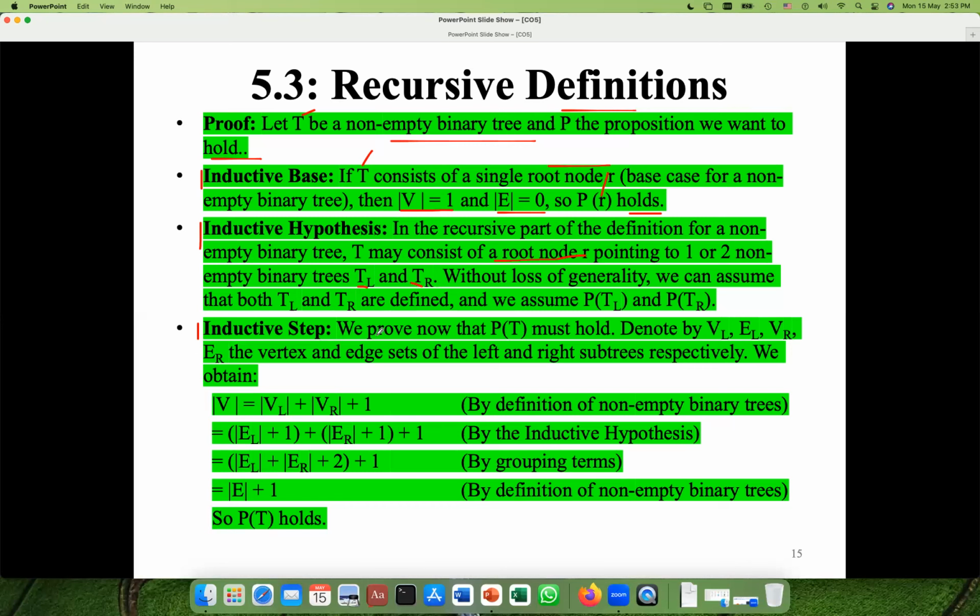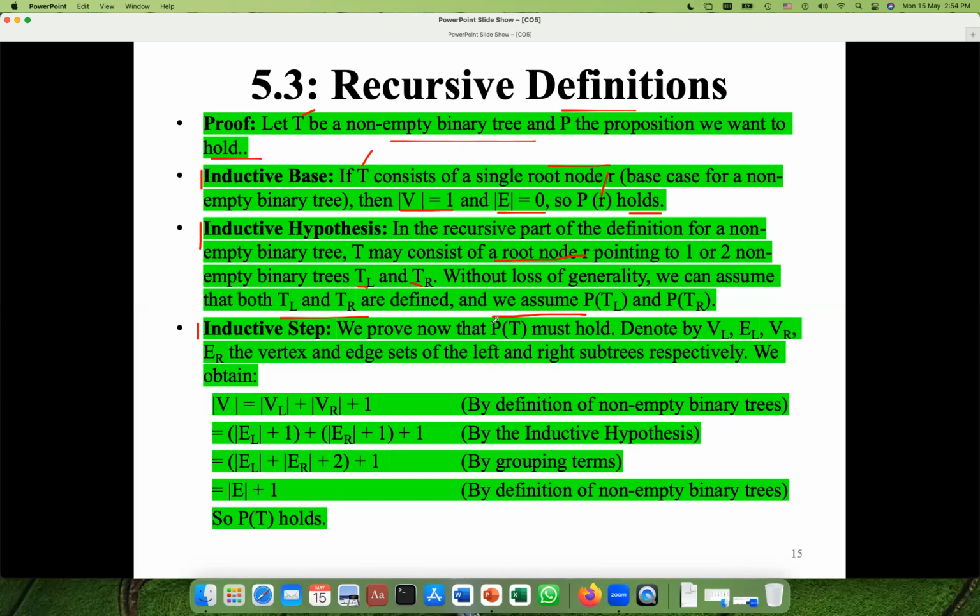So now we want to see that the claim, size of V is equal to size of edges plus 1, is also true for that definition, TL and TR. We want to show that P(T) holds for that.